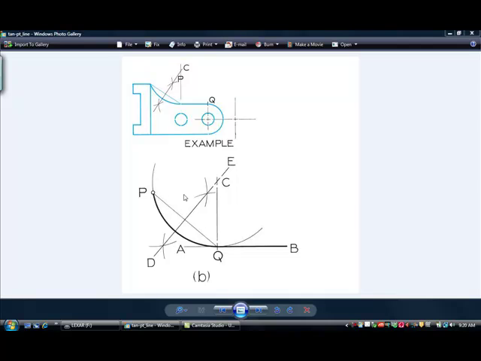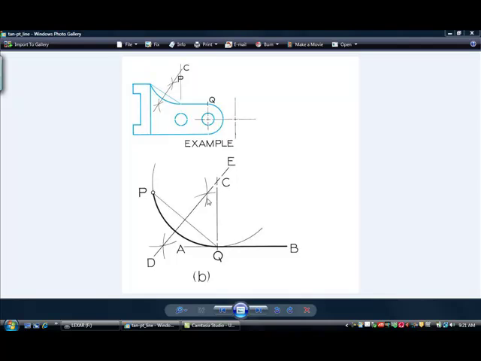If you recall the concept of bisecting a line, the bisector would always pass through the center point of the circle, so you would bisect the line between P and Q. The other concept that you do have to understand is that for this point to be a tangent point, a line that passes through this point and is perpendicular to this line has to pass through the center point of the arc.